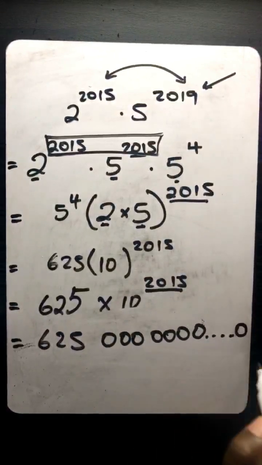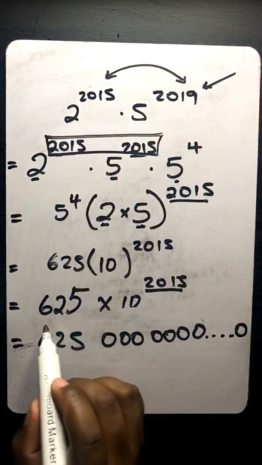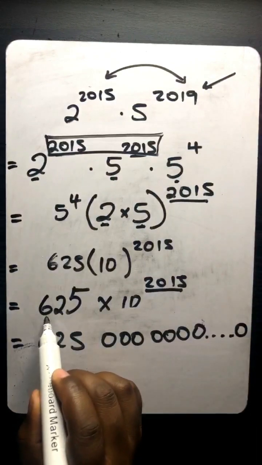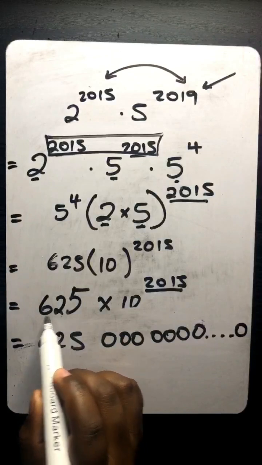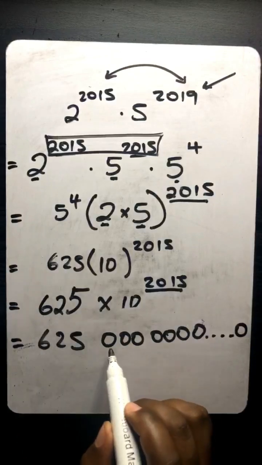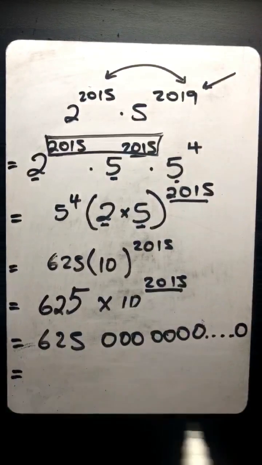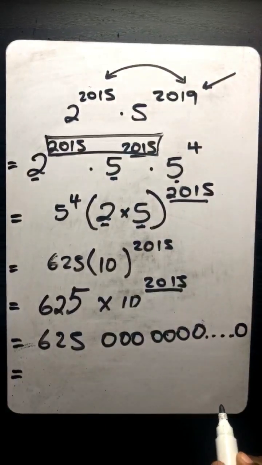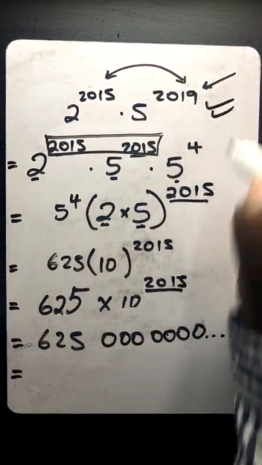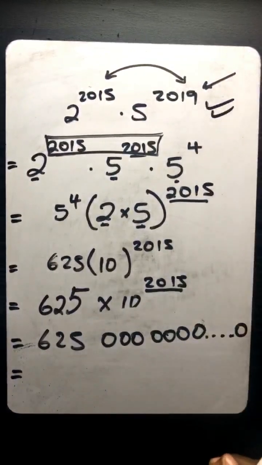That is why we just write it like that. It's a big number, honorable member. Trust me, even a calculator, if you punch that, it's going to give you an error.